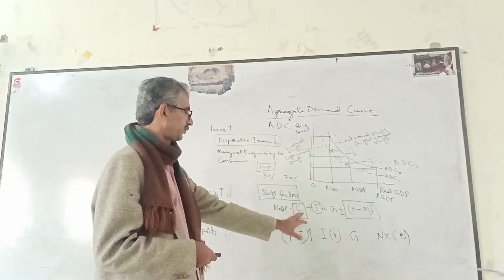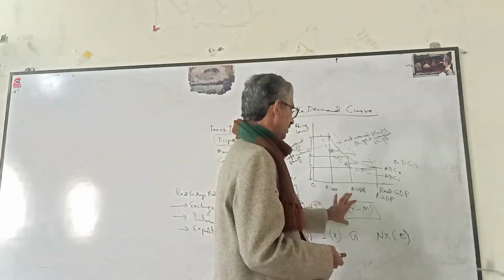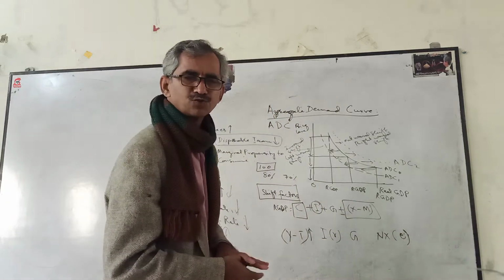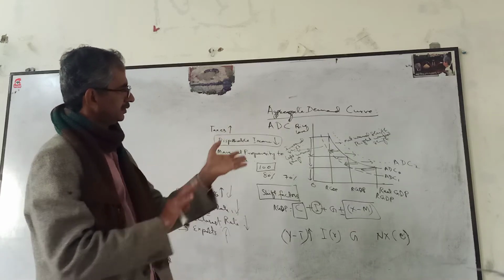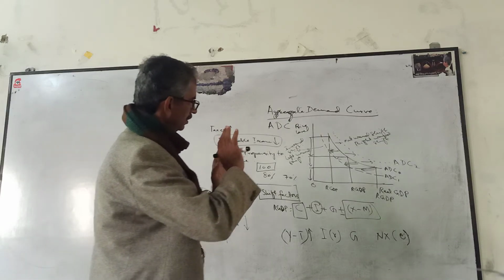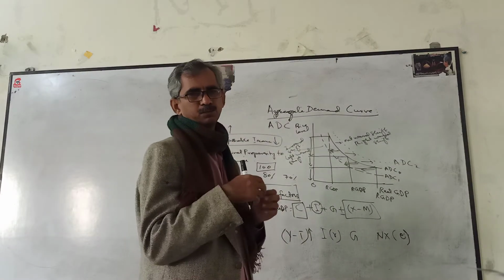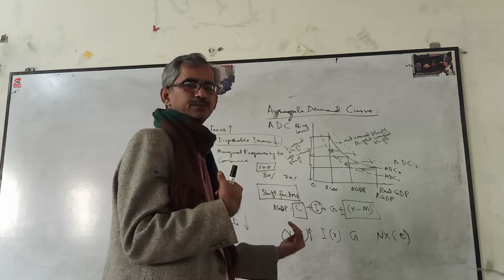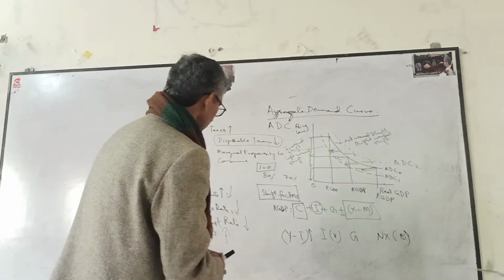These are the factors: the consumption factor, the investment factor, the government and the net exports. These are very important factors. They are causing some change in the aggregate demand curve. They are shifting it outward or leftward. Sometimes demand increases, sometimes demand decreases.